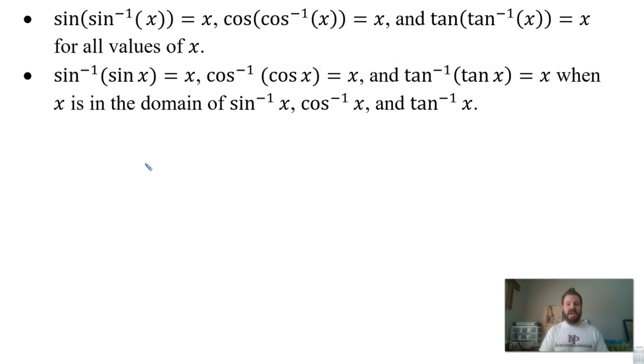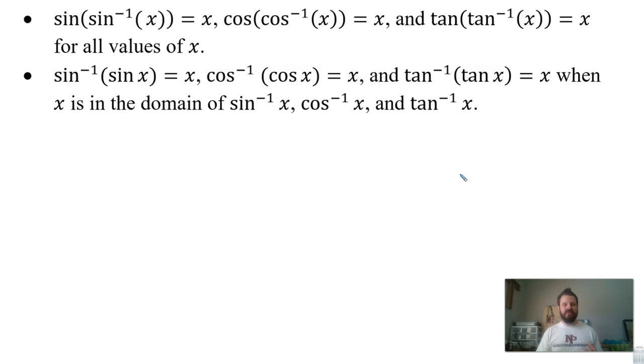But if I do that backwards, sine inverse of sine of x equals x, cosine inverse of cosine of x equals x, and tangent inverse of tangent x equals x, only when x is in the domain of the sine inverse, cosine inverse, tangent inverse. Okay, if it's outside of that domain, we'd have to do things by hand like we did a second ago. Okay, that's something that's nice to know. It's not something you have to know.